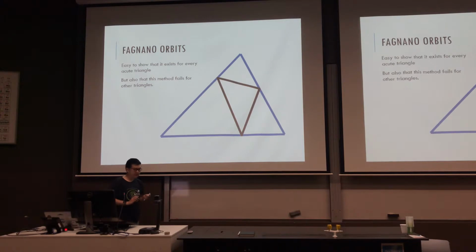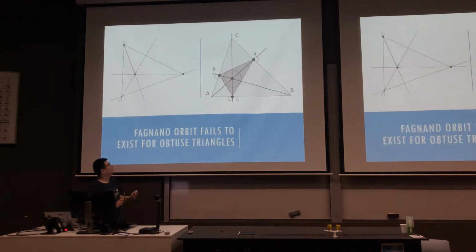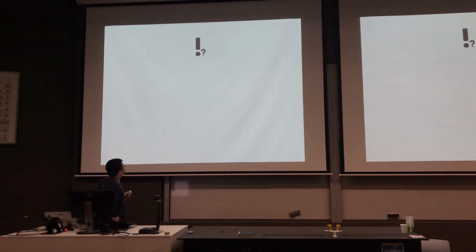However, for obtuse triangles, those 3 heights intersect outside your original triangle. Therefore, you cannot construct such an easy orbit. Is that convincing enough? A small question mark, suggesting that I haven't proved this conjecture either, but this is the build-up.